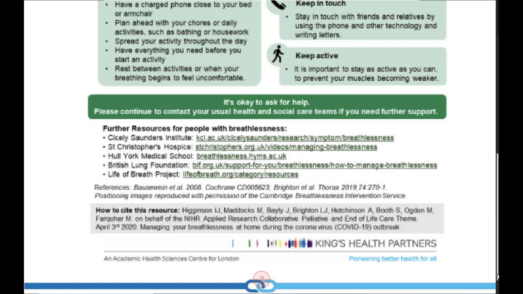So if they are at 94 when the normal saturation should be 97 to 98, then I don't think you need to look for desaturation on exertion. If somebody is being discharged, we may be using desaturation on discharge as a guide to whether or not they're fit for discharge.